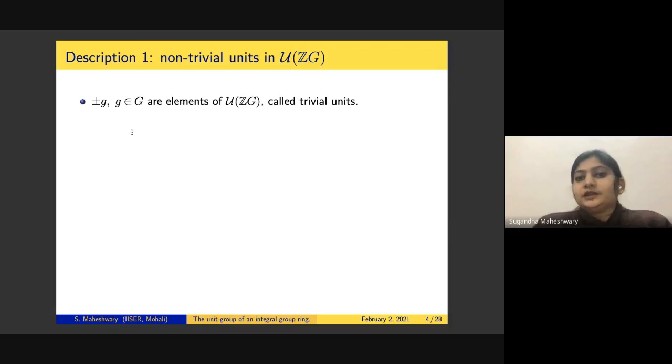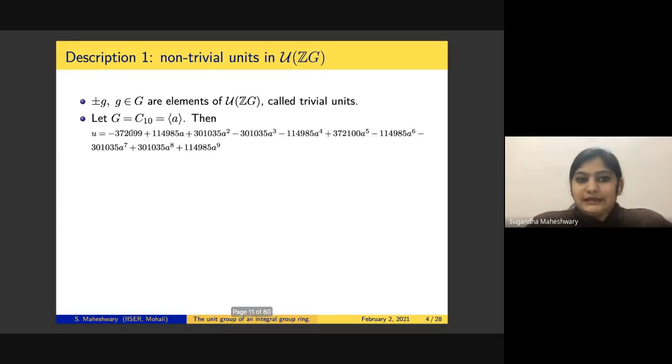So what are the trivial units? If you look at elements of the group G, they are all invertible. So of course they are elements in this, and we call them trivial units. Apart from these, what are the units that you have in ZG? I'll give you an example. If you have a cyclic group of order 10 generated by this element a, then this big element that you see on the screen, which has coefficients which are not so nice looking, is actually invertible.